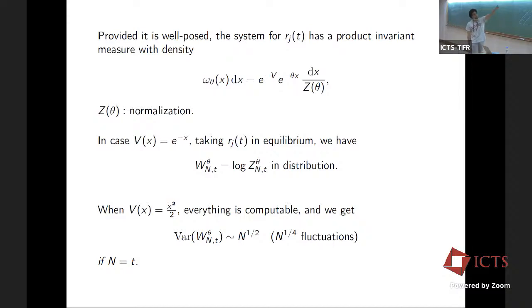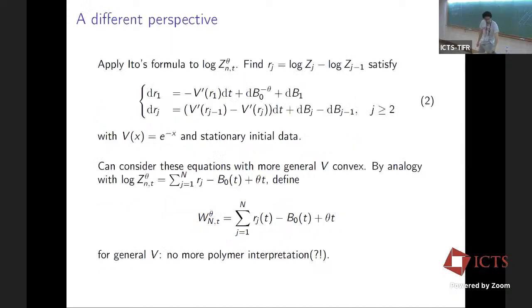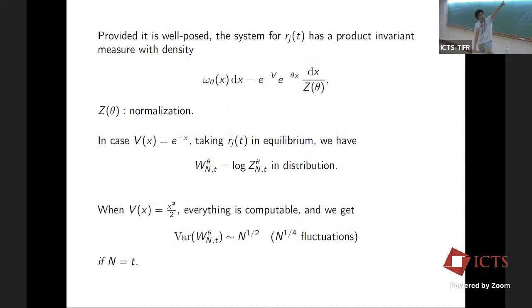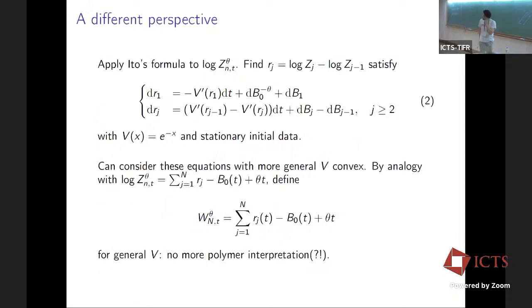So if I choose V equal to e^{-x}, and I take the R_j's to satisfy this SDE, and the initial data to be this density, then I actually get an object defined in terms of SDEs that reproduces the stationary polymer partition function. But we could do this for general V as long as we're able to solve the equations. And this is not completely trivial because if you look back at the equations, they involve the derivative of V, but V is e^{-x}.